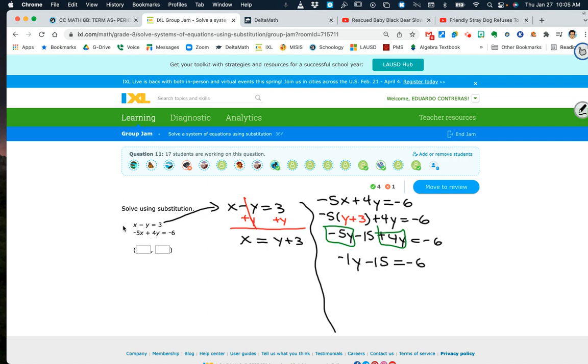Okay? Well, now it's just a two-step equation. Let's get rid of this. Negative 1 times y equals negative 6, and 15 is 9.